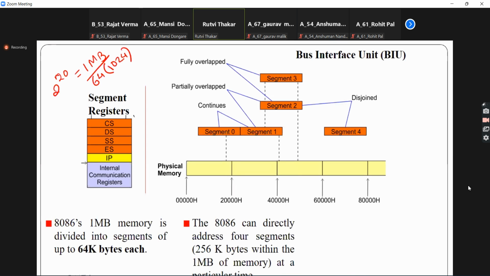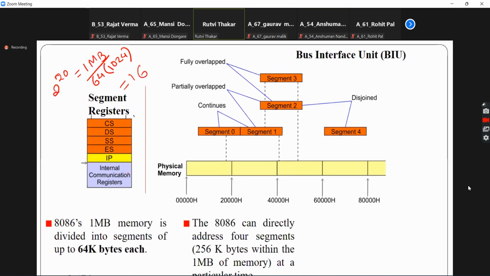K is not 1000, K is 1024. So 2 raised to 20 divided by 64 into 1024, what answer are you getting? It will give you exactly 16. Getting it, everyone? Yes, ma'am.